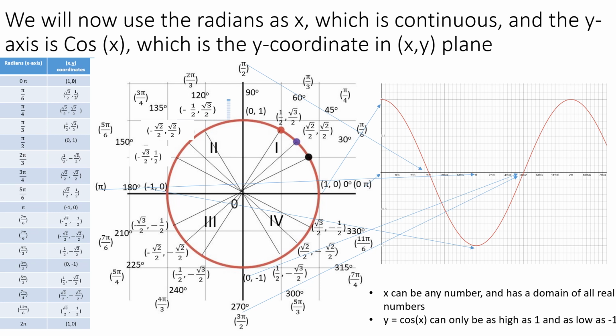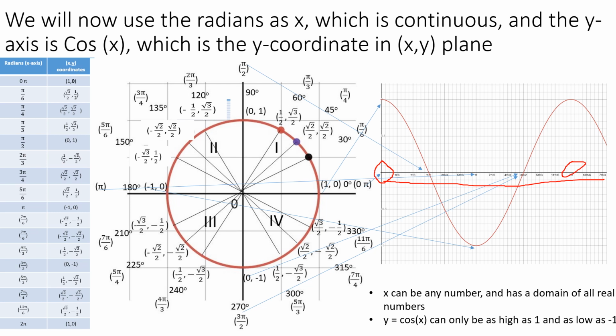With cosine, we have a similar response. We still have our x-axis, now written in radians, as you can see here. Here is 2 pi right here. Here is 0. And for the cosine, we remember it is the x component. It's very similar to the sine. There's a slight shift.